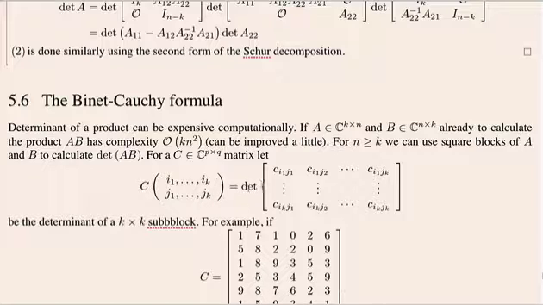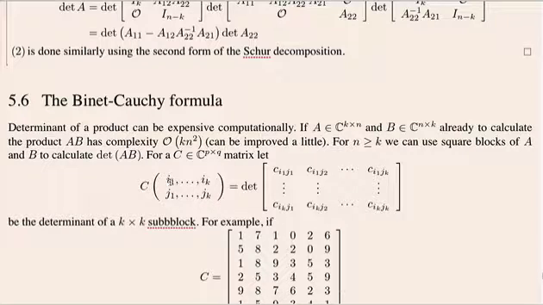What this is, is the determinant of the matrix with entries C I1 J1, C I1 J2, up to C I1 JK in the first row, and then the last row is C IK J1, C IK J2, up to C IK JK.